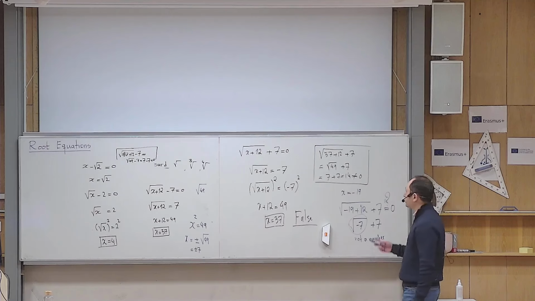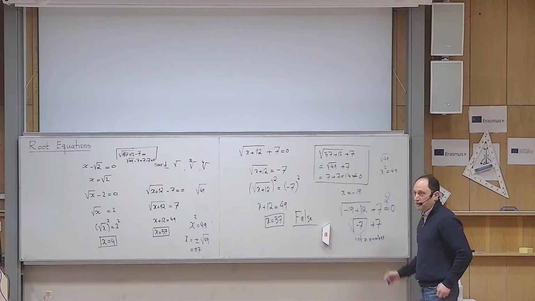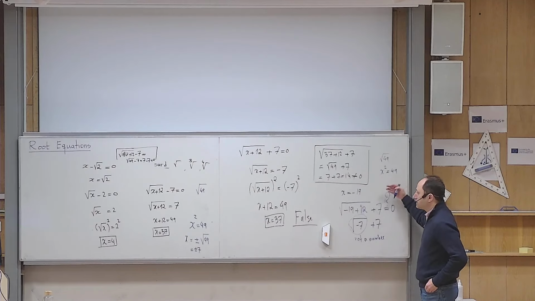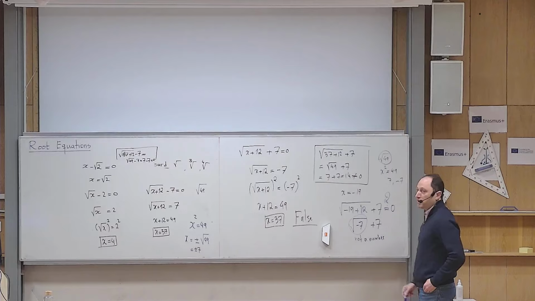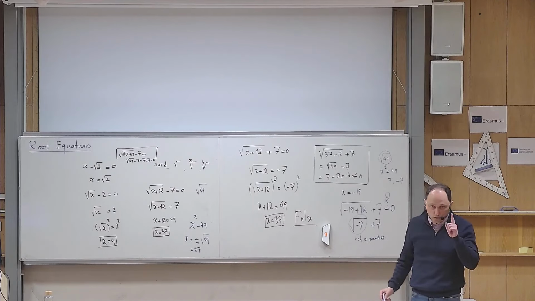So square root of 49 is not the same question as x squared equal to 49. X squared equal to 49 is asking you to find all numbers whose second power is 49. In this case, of course, you answer minus and plus 7. Square root of 49 is asking you which positive number is there whose second power is 49. And that is only 7.